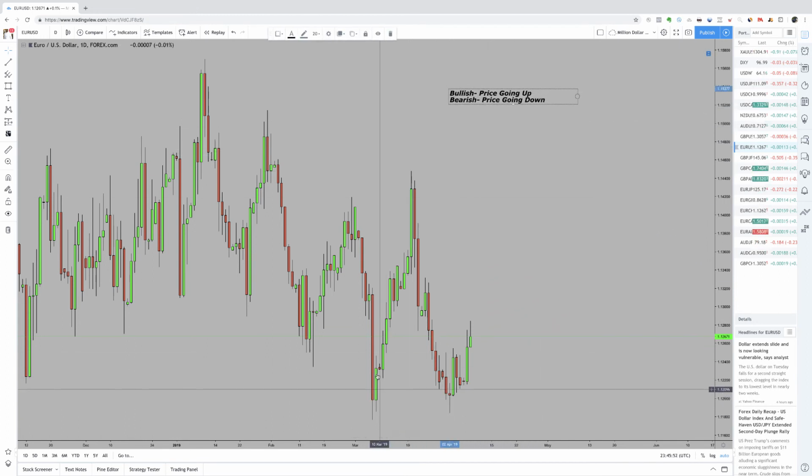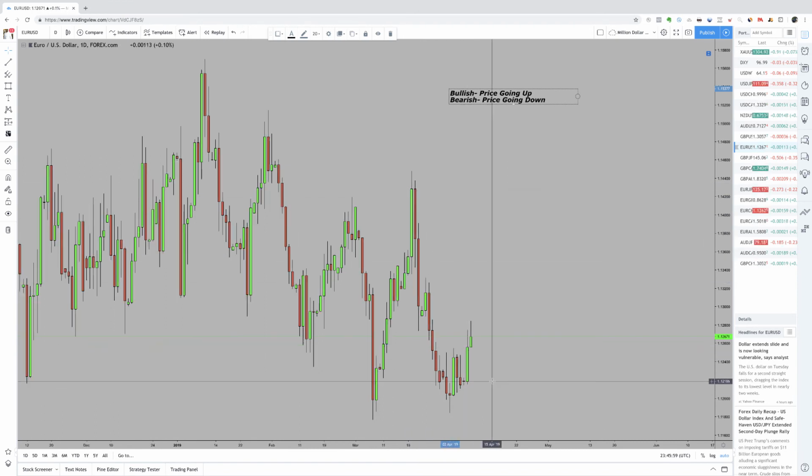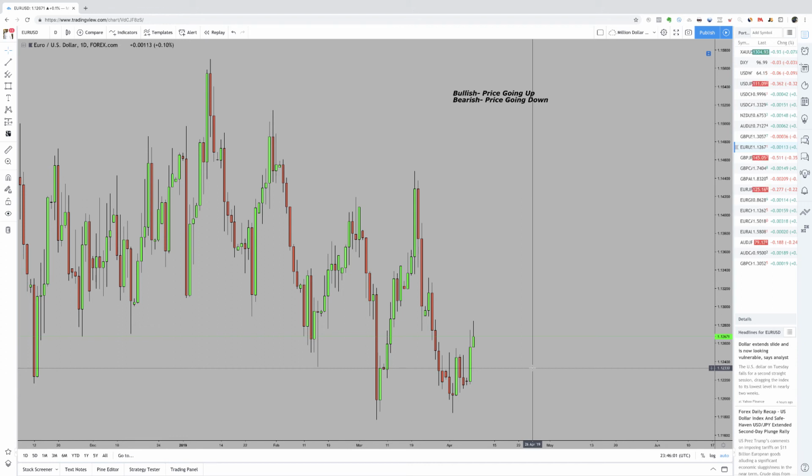Anytime you see a green candlestick, you know it's a bullish candlestick and price went up in that given time frame.